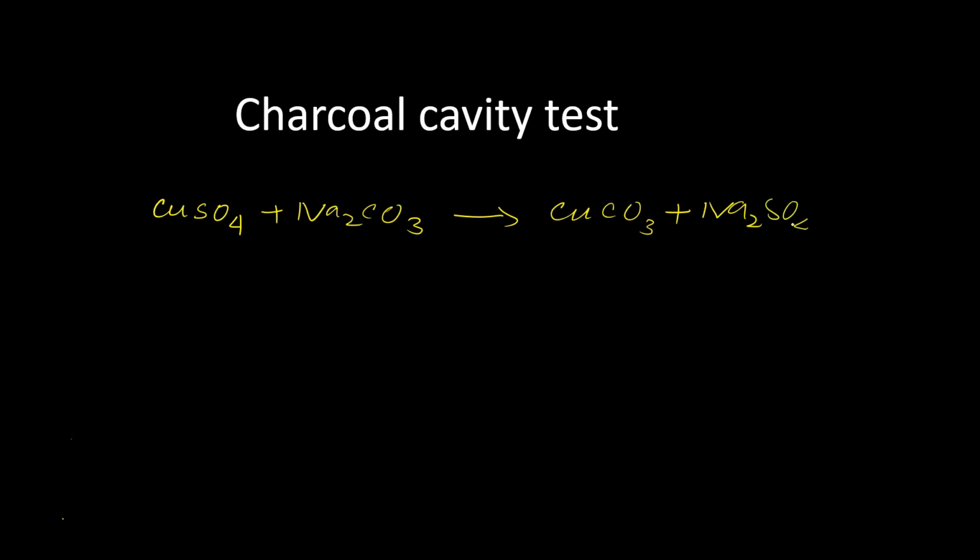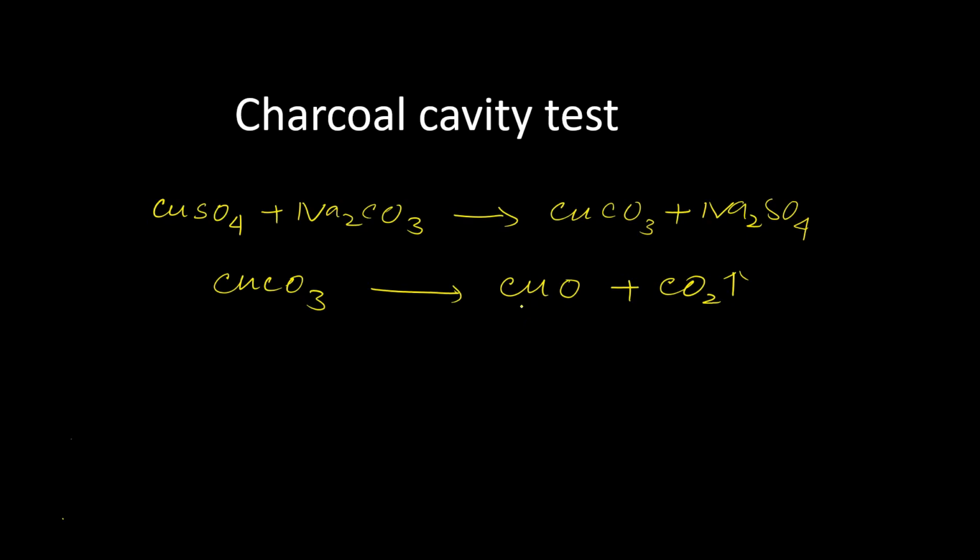Now this copper carbonate, on heating, is converted to the metallic oxide, copper oxide, and carbon dioxide gas is evolved. And this copper oxide, or the oxides of the metal, give the characteristic color.